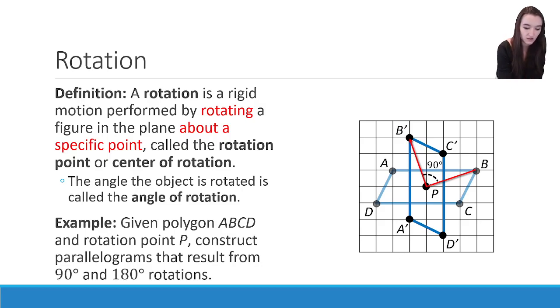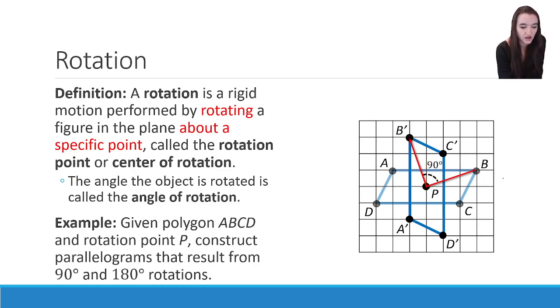Now to get the 180-degree rotation, we do the same thing. We can take, let's say, B again, but now we go from B prime, and we can create our L. Up 3 over 1, now it's going to be like so, and that'll be our new point B, B double prime. And so on. We keep doing that because 90 plus 90 is 180, right?